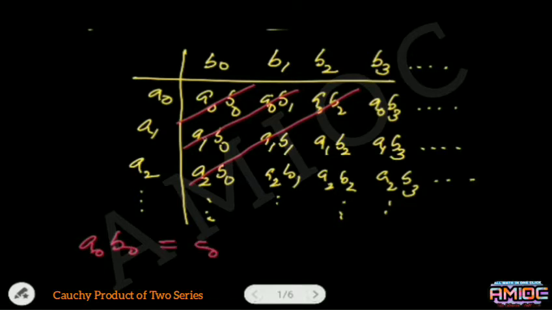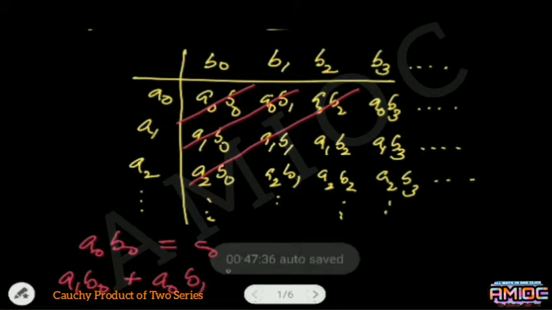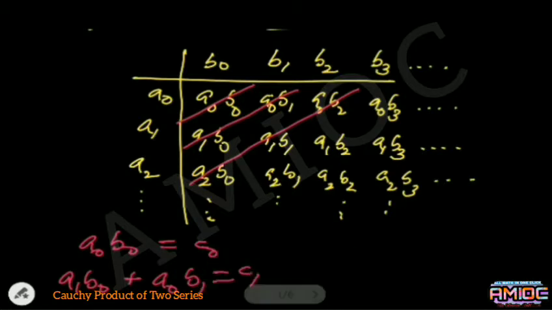Now, the second diagonal meets the points a1 b0, a0 b1, and taking the sum of these two elements we get a1 b0 plus a0 b1. I am just writing it as c1.